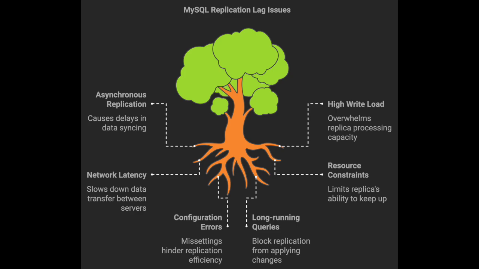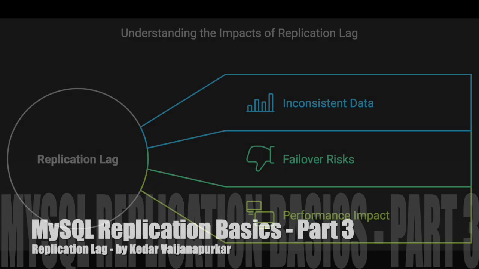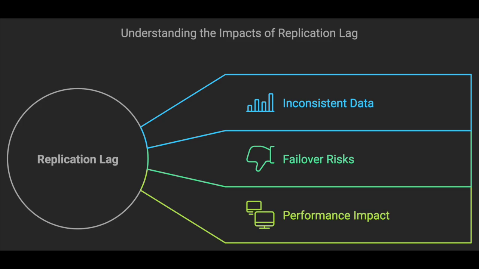I think a lot of people outside of database administration might hear 5 seconds and think, what's the big deal? But I'm getting the sense that even small delays can have kind of a ripple effect. Absolutely. Think about it from a user's perspective. They might see outdated information, which erodes trust and can lead to bad decisions.